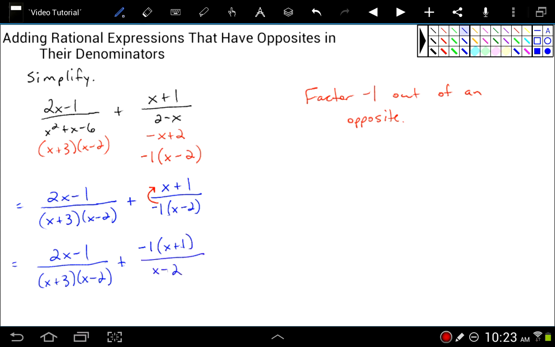Okay, we're getting closer now. Let's take and copy the first fraction. Remember, my goal is to make my denominators match so that I can combine my numerators.